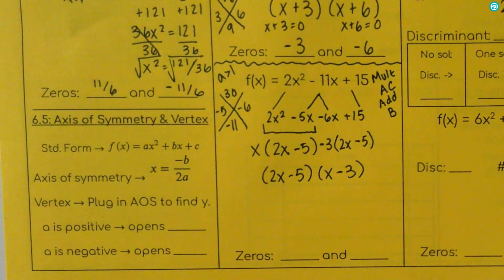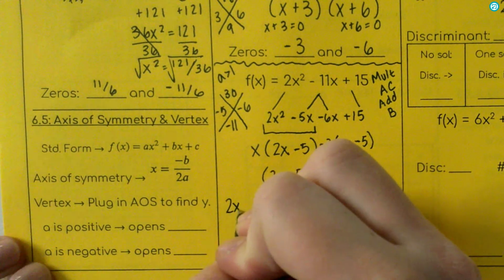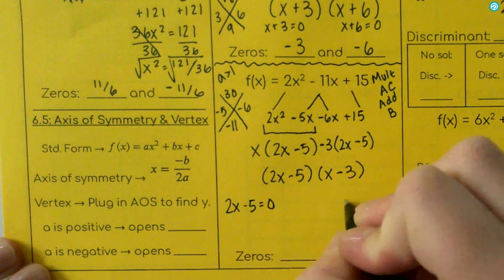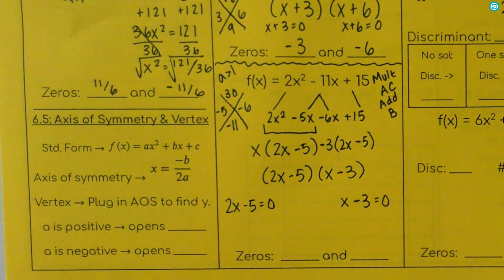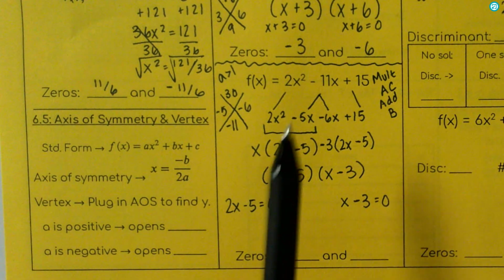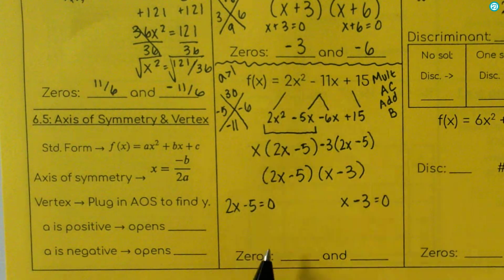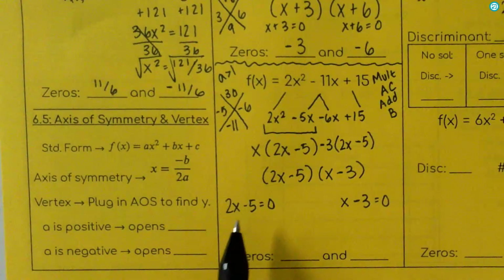Okay, and then we will set each of these factors equal to 0. So 2x minus 5 equals 0, and x minus 3 equals 0. I left more space on this one. Some of us, a few of us are able to do these in our head. A lot of us aren't. These ones, a lot of us are able to do in our head. But when it's 2 steps, sometimes getting the positives and negatives and the fractions, it's helpful to write it out.